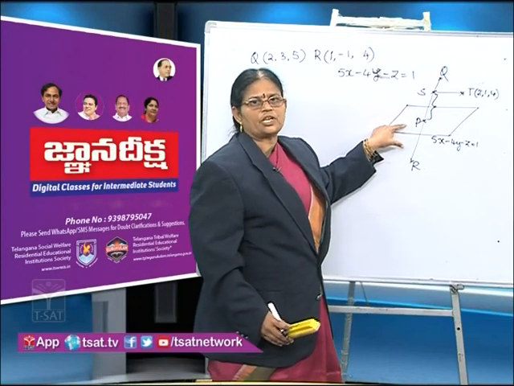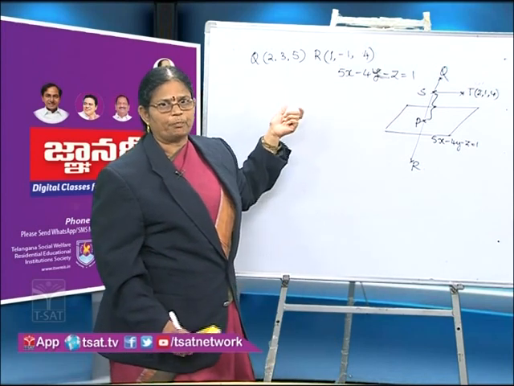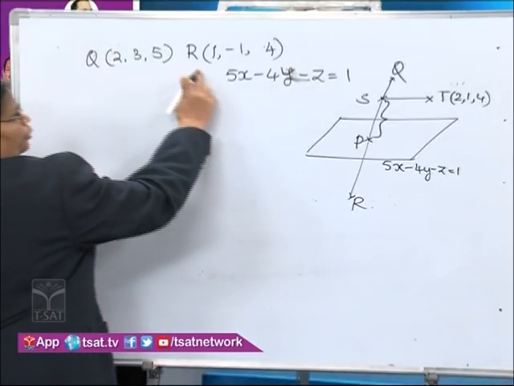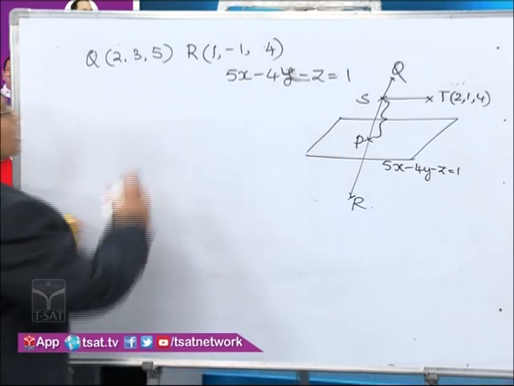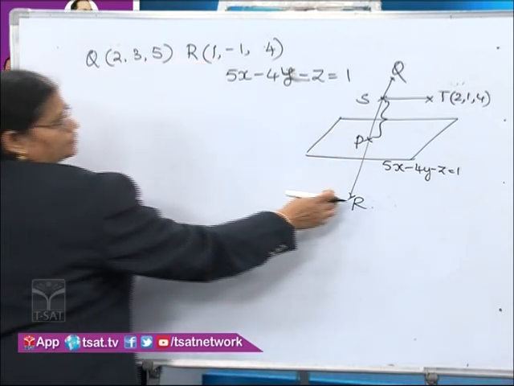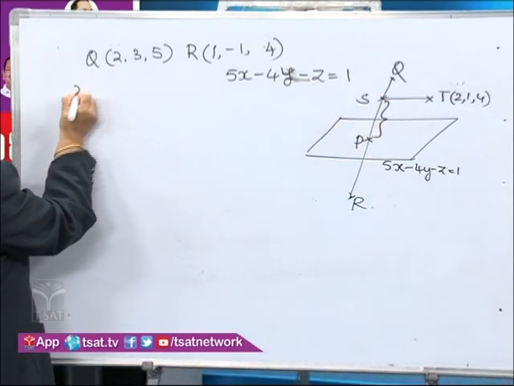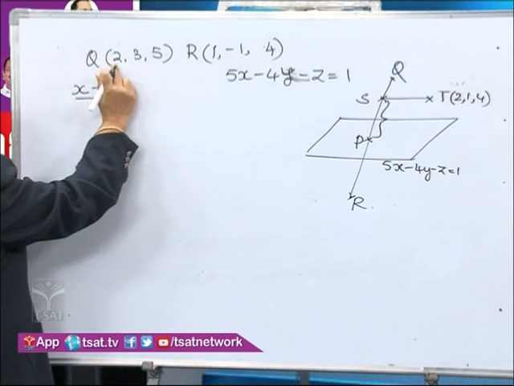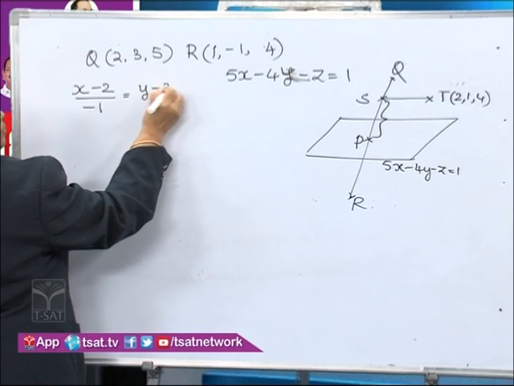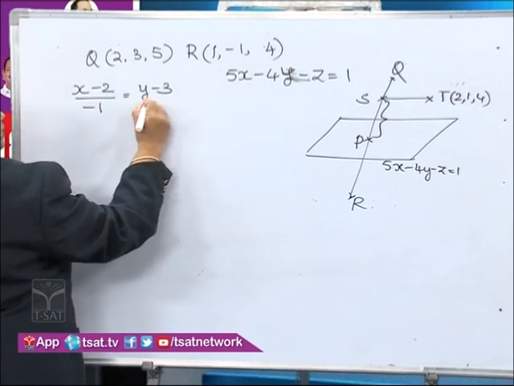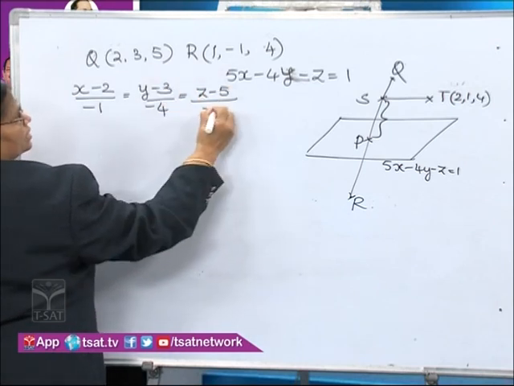In many coordinate geometry problems, it is best if you try to figure out what is given in the problem. So first you require the line QR. Writing the equation of the line passing through 2 points using the formula (x minus x1) by (x2 minus x1) equal to (y minus y1) by (y2 minus y1) equal to (z minus z1) by (z2 minus z1).